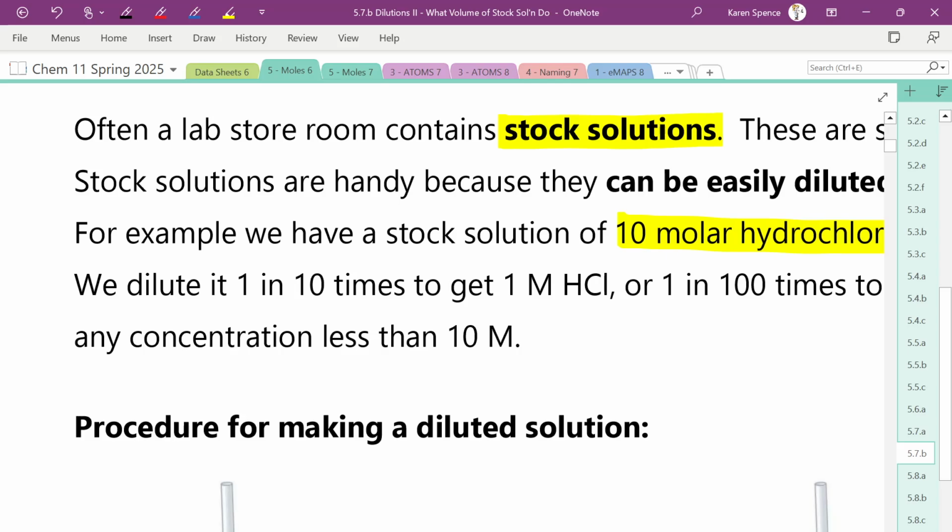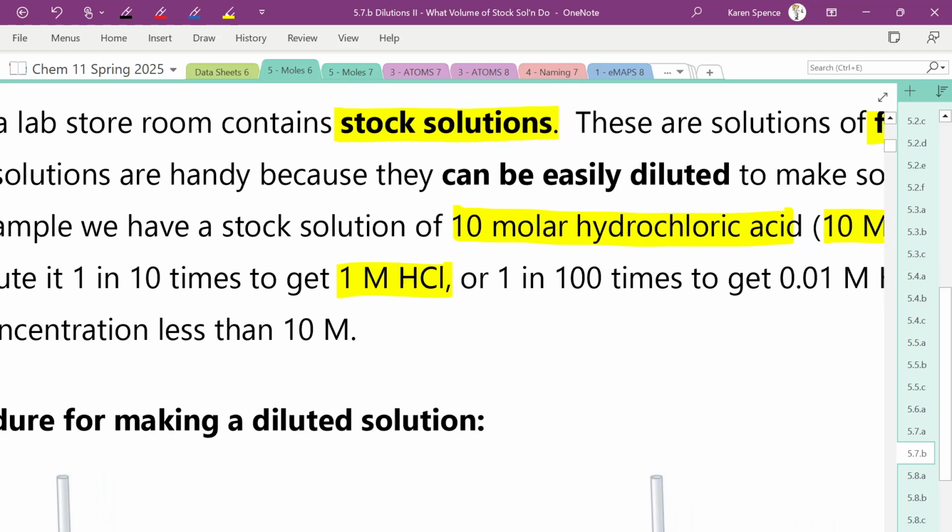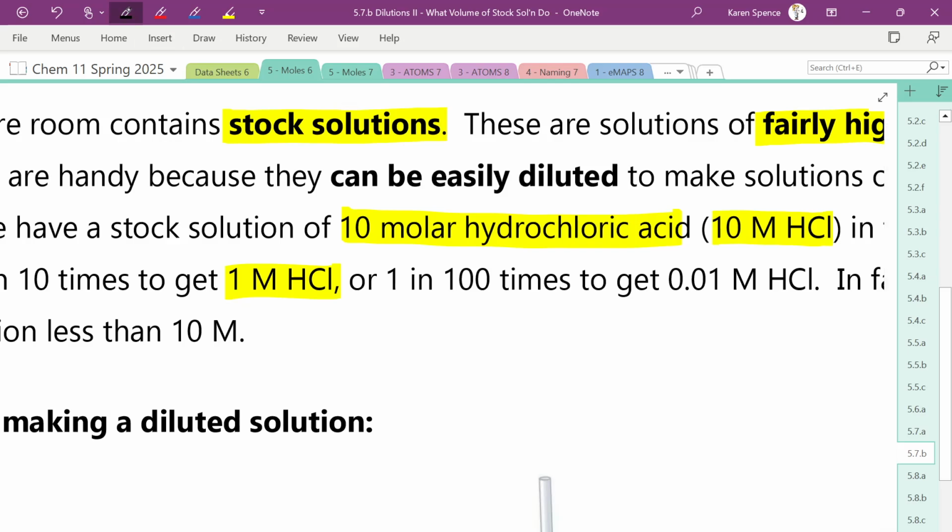Yes? That would give us 1 molar, 1/10. Or we can dilute it 1 in 100 to get, and I'm sorry, this should say 0.1 molar, because that is 1/100th of 10 molar. Yeah?